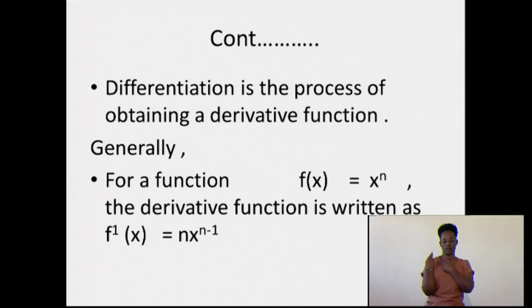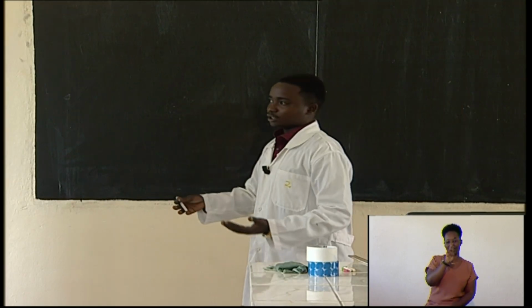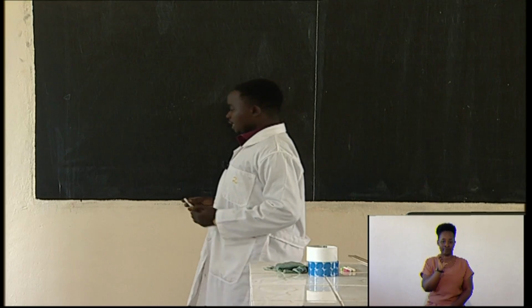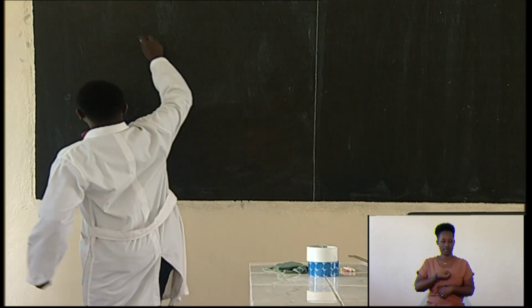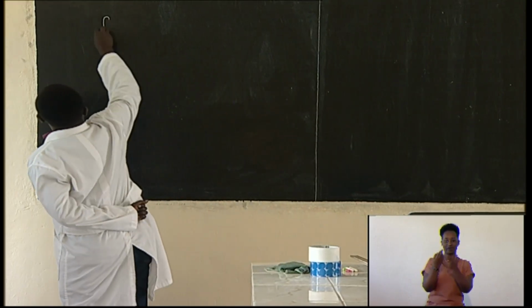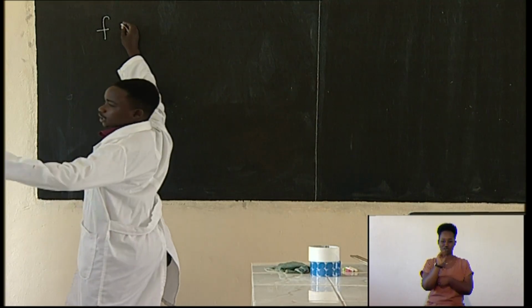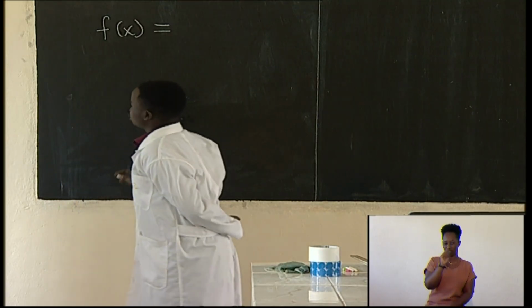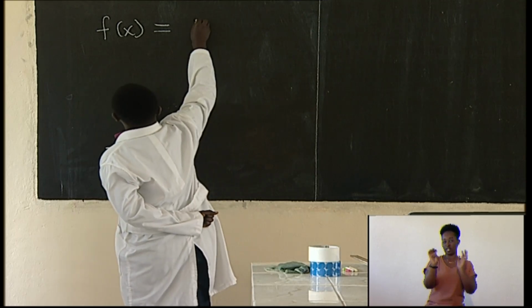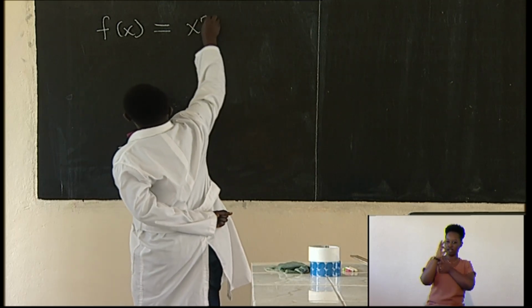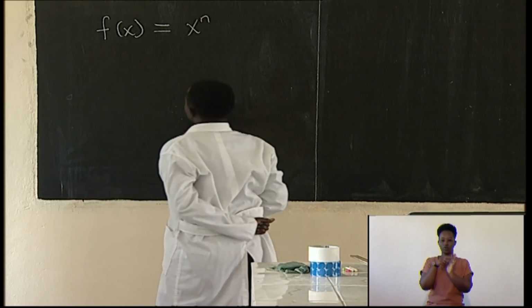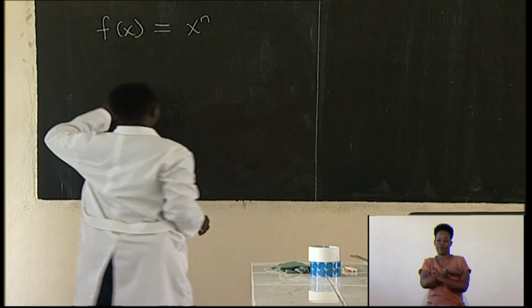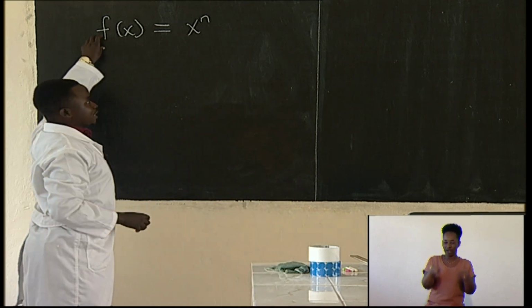Differentiation is the opposite of antiderivative. Antiderivative, for those who do mathematics, that will be integration. So in this case, for any given function, if we have f of x equaling x power n, how can we obtain a derivative of this function?